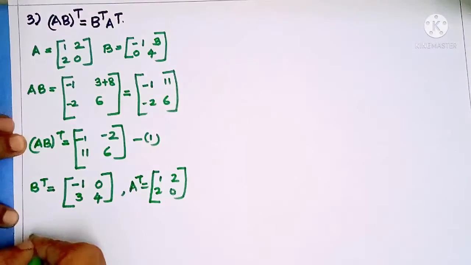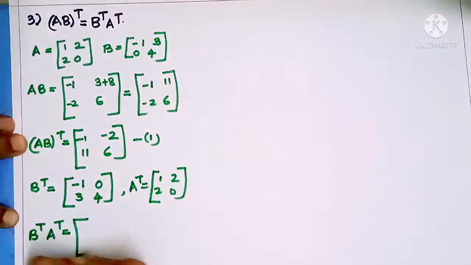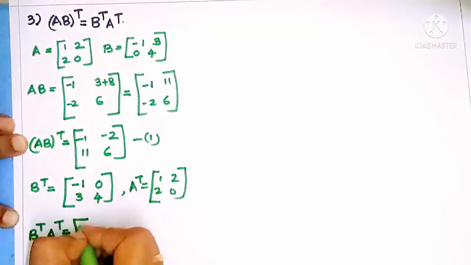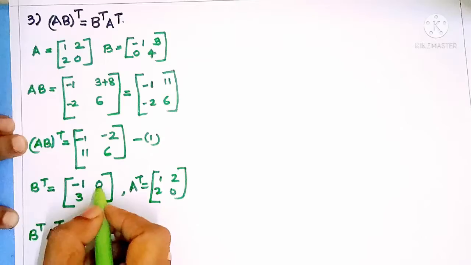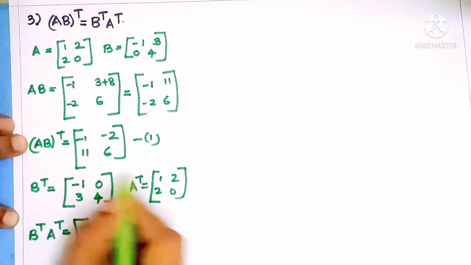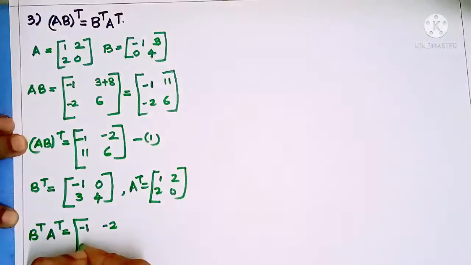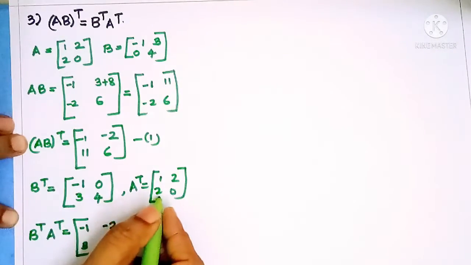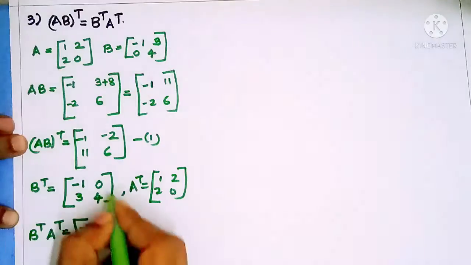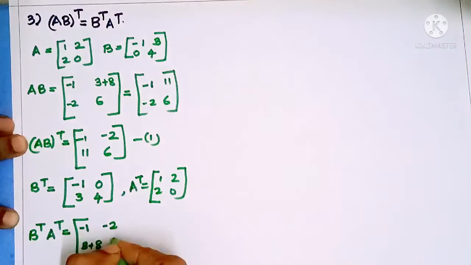Next multiply B transpose into A transpose. We multiply: minus 1 into 1 is minus 1, 0 into 2 is 0, so minus 1. Minus 1 into 2 is minus 2, 0 into 0 is 0, so minus 2. Then 3 into 1 is 3, 4 into 2 is 8, so 11. Also 3 into 2 is 6 plus 0, so 6.